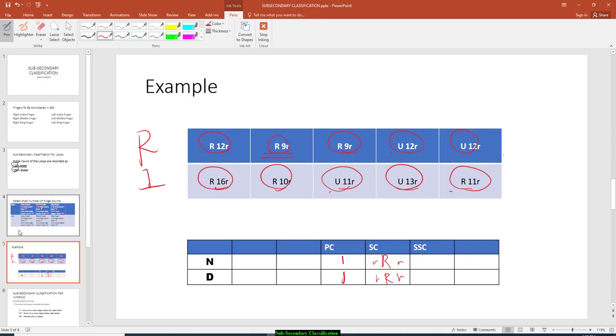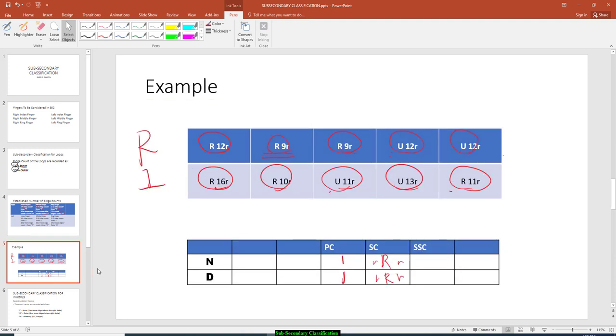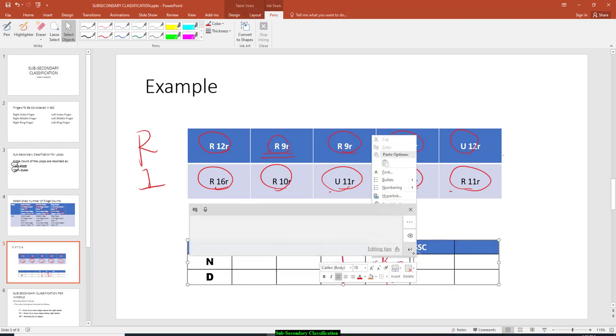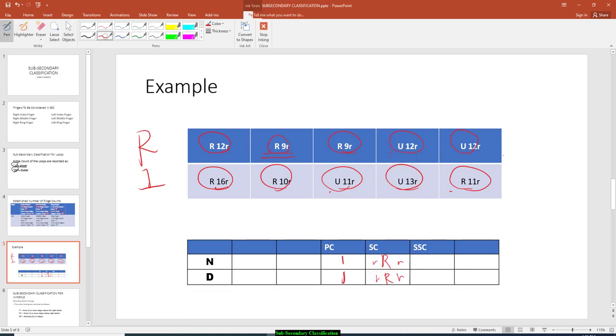Then let us go back to the bracket above. 9 ridges, index finger. 1 to 9 ridges, it will be inner. So we will copy letter I in the fingerprint classification under the numerator. Inner.